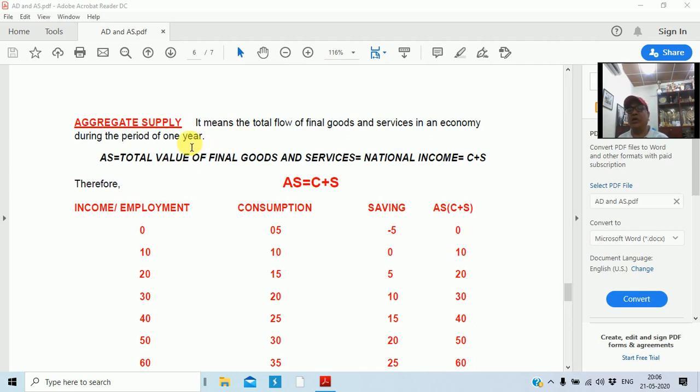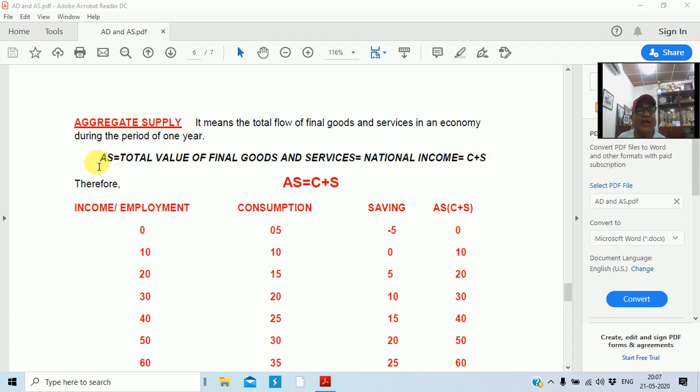And if you go back and think of national income, how do we define it? National income means the total flow of final goods and services during the period of 1 year. So is there any difference between the definition of national income and aggregate supply? No. That's why we say aggregate supply is equal to national income.